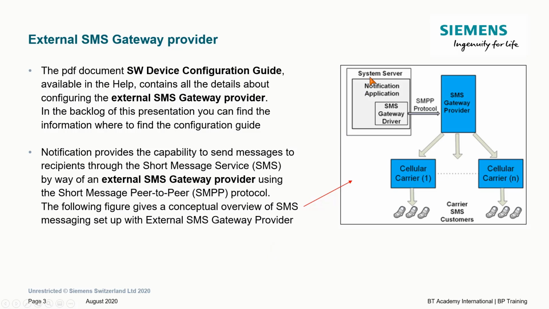This is the management system server with the new notification engine, including the SMS gateway driver, which needs to be loaded from the library to the management system server. The notification engine will send the SMS messages as SMPP protocol to the sync gateway provider, which is responsible for the distribution to the mobile receivers.